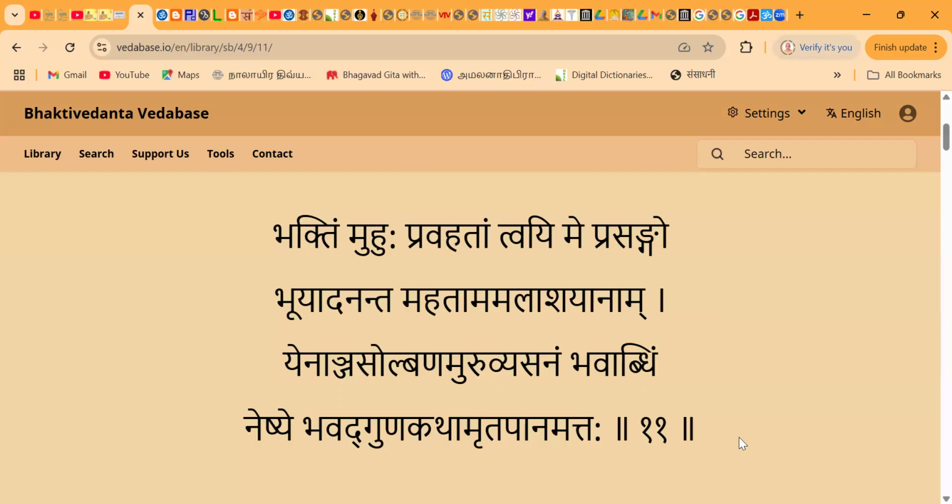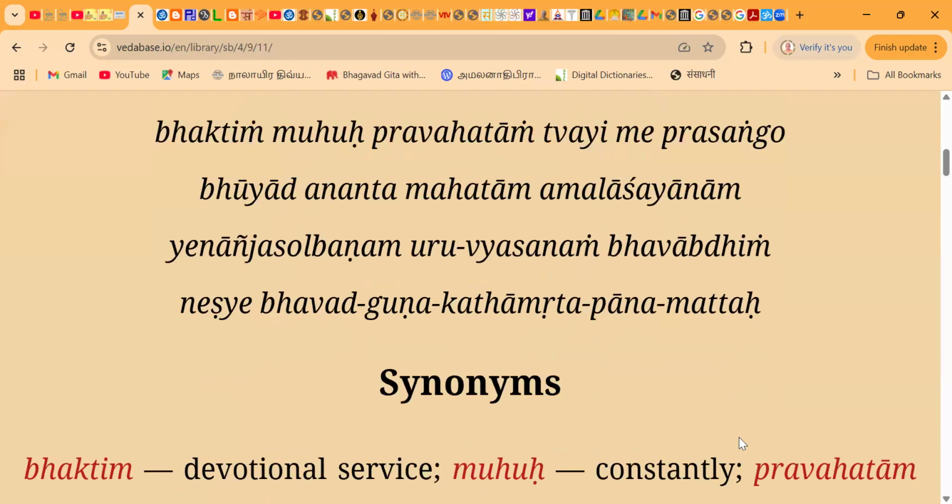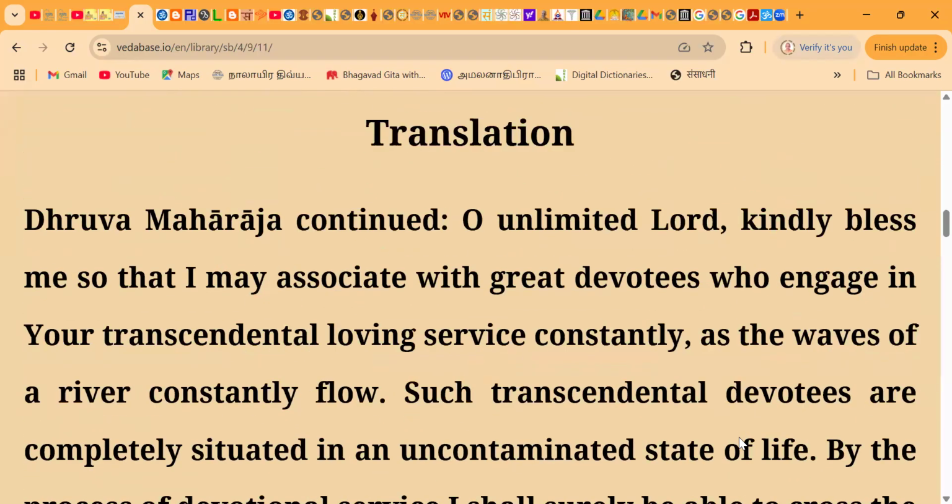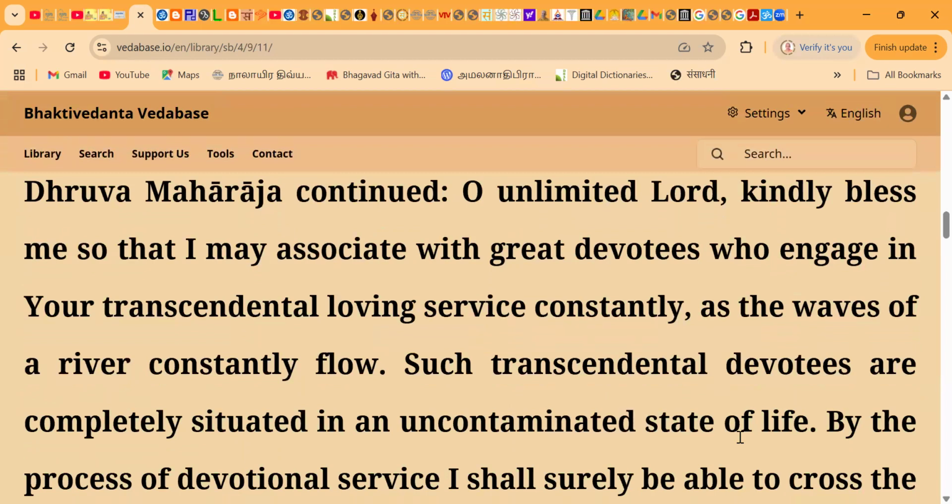Bhaktim muhu pravahatam tvayi me prasango, bhuyad ananta mahatam amalashayanam, yenanjasolbanam uru vyasanam bhavabdhim neshye bhavad guna katha amrita pana mattah. Okay, can you read the translation? Dhruva Maharaj continued, O unlimited Lord, kindly bless me so that I may associate with great devotees who engage in your transcendental loving service constantly, as the waves of a river constantly flow.